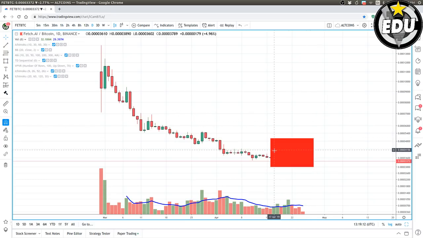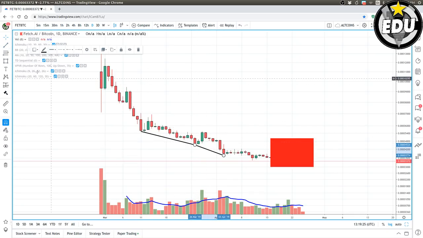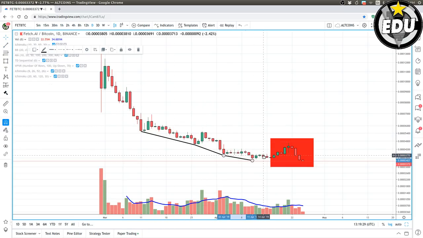I thought we should wait a little bit more because the trend was still making lower lows, as you can see here. Lower lows, lower lows. So it's still in a downtrend.